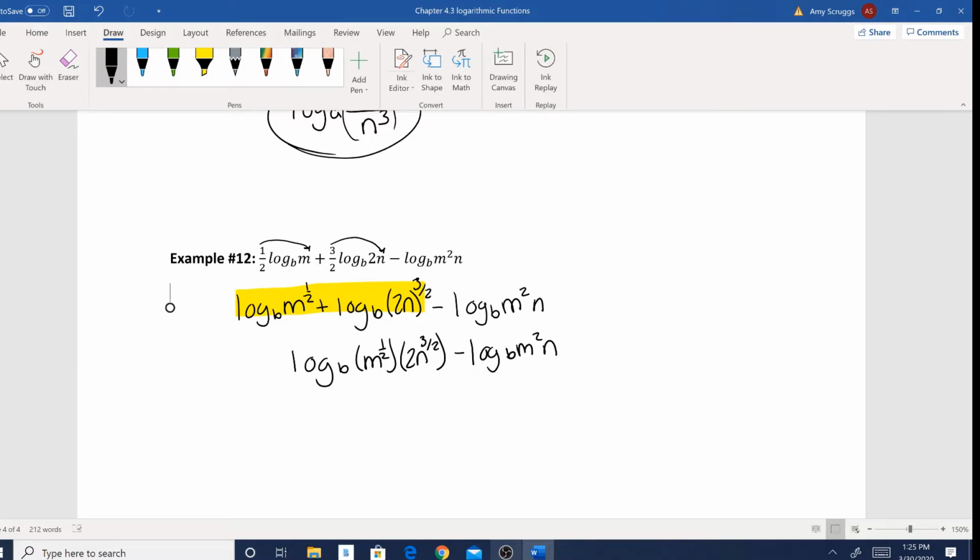And then last but not least, let's go ahead and write this as a subtraction problem, or a division problem. So on top, m to the 1/2 times 2n to the 3/2, and all of this is going to be over m squared n.